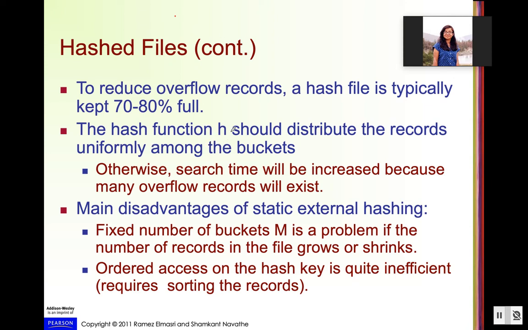The hash function h should distribute the records uniformly. The nature of collision depends on what hash function we are using. If we choose a hash function carefully, we may distribute the records uniformly among the buckets. That will reduce the possibility of collision.